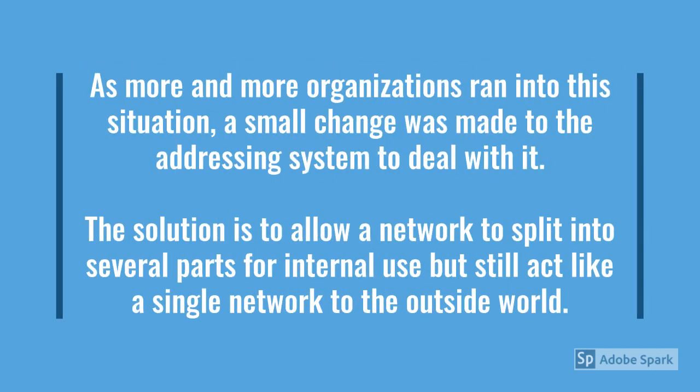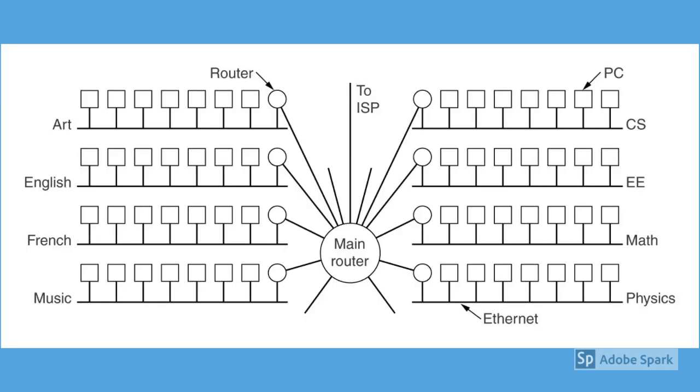As more and more organizations ran into this situation, a small change was made to the addressing system to deal with it. The solution is to allow a network to split into several parts for internal use, but it would still act like a single network to the outside world. The picture shows many different Ethernets connected to the main router through individual routers.